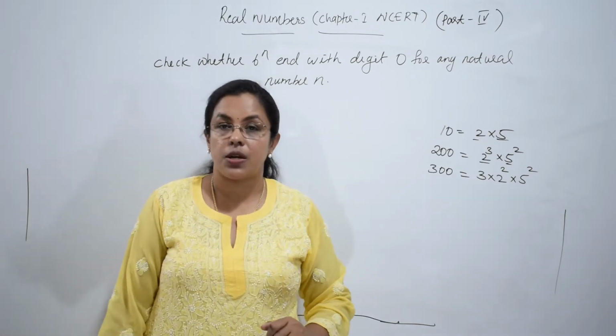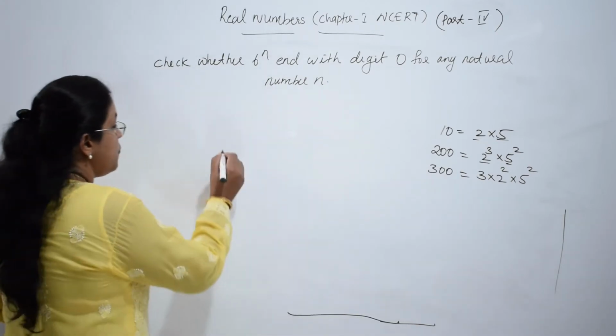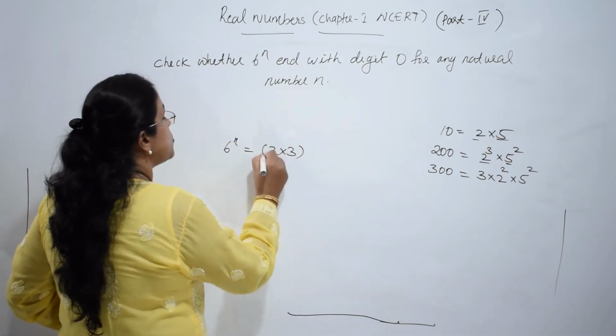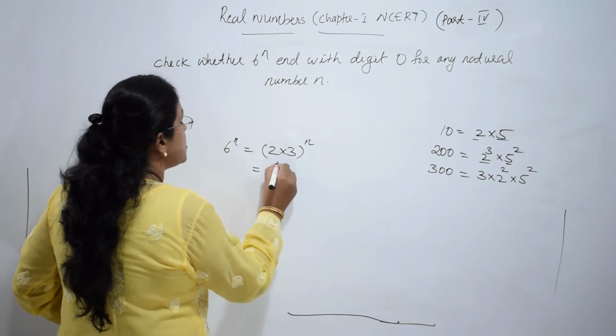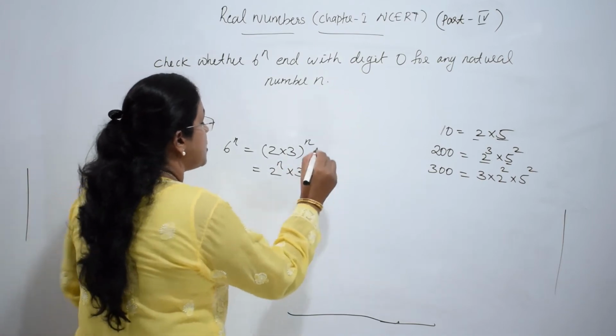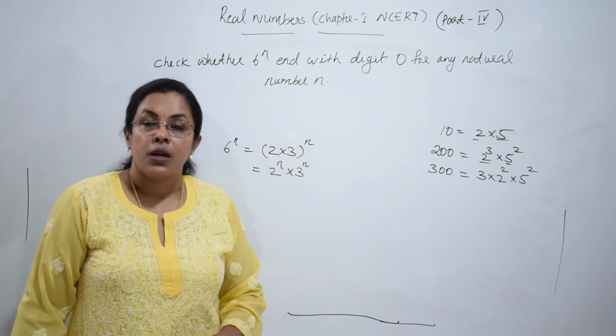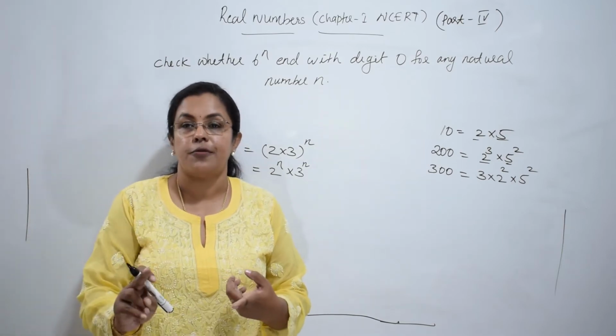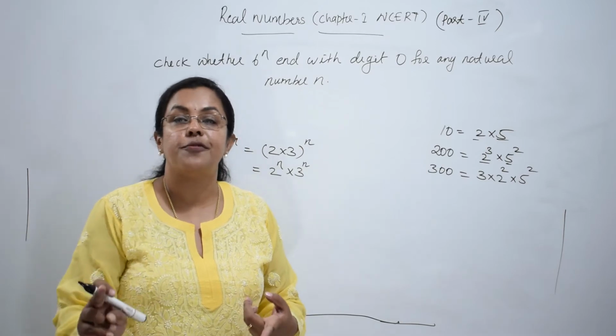What about 6 raised to n? If we factorize 6 raised to n, it is 2 into 3 raised to n, or 2 raised to n into 3 raised to n. Its only prime factors are 2 and 3, not 5.